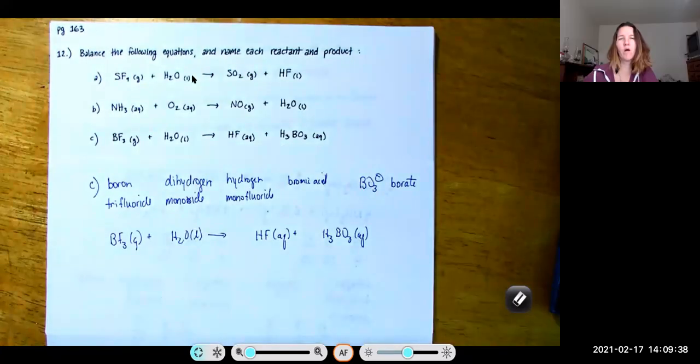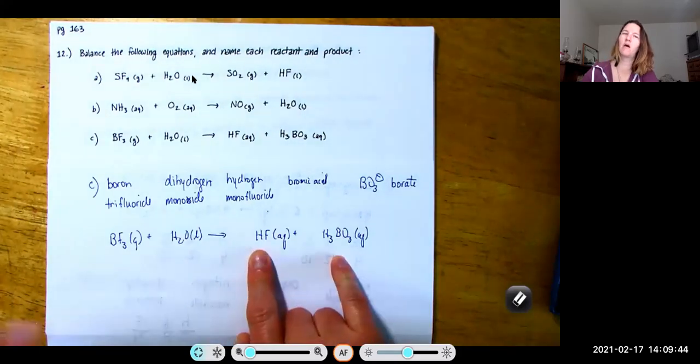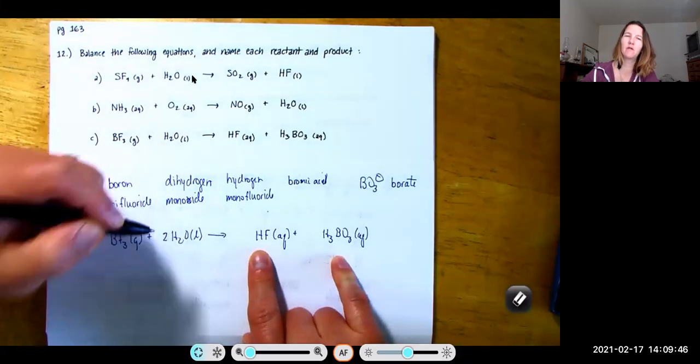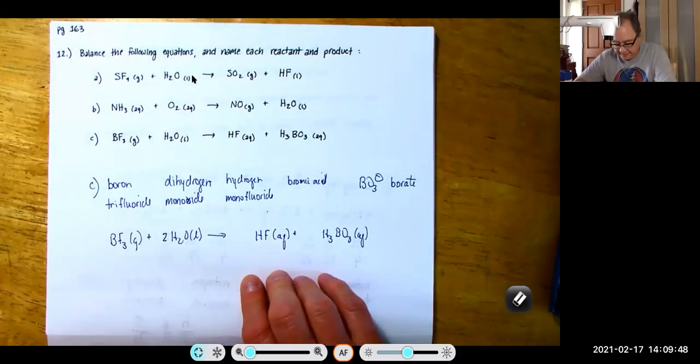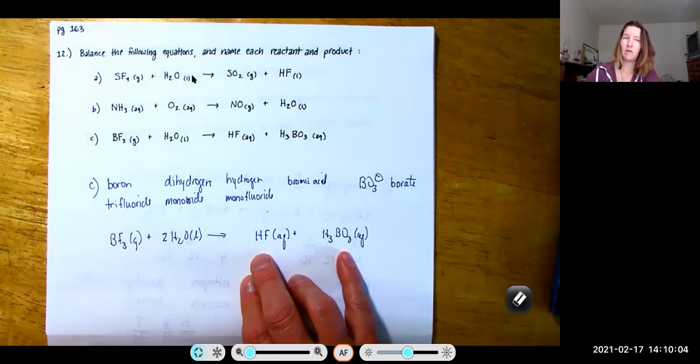So there's 4 hydrogens on the right. So put a 2 in front of the hydrogen on the left. And there are 3 oxygens on the right and only 1 on the left.